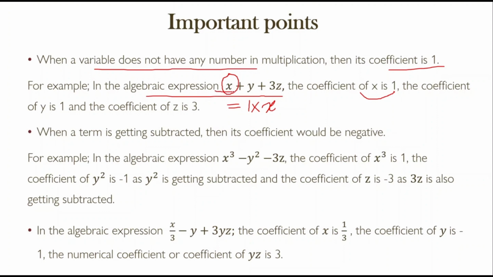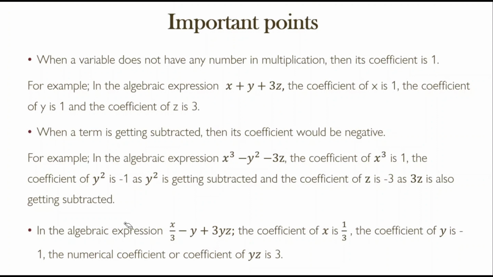That's why for any variable which doesn't have a number in multiplication with it, we can assume that there is a hidden 1 with it, and therefore the coefficient of such variables is 1. Similarly, coefficient of y, again there was no number in multiplication with y, so we assumed it to be 1. And here, since with z there is 3 written in multiplication with z, that's why the coefficient of z is 3.